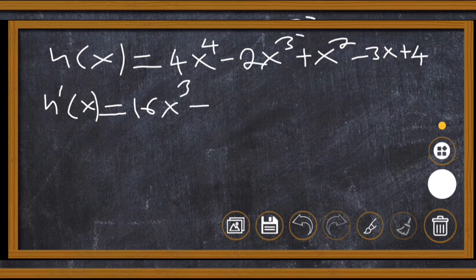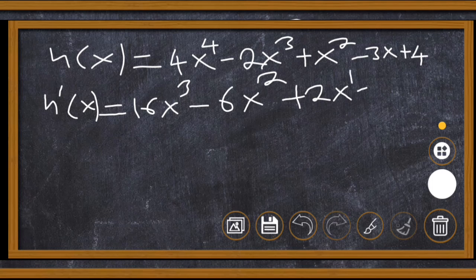Then minus this 3 multiplied by this 2 here, we're going to have 6. And then 3 minus 1, it's 2. Then plus, here we don't have any coefficient of x, so it simply means there is 1 here. So this power 2 multiplied by 1 is going to be 2x. And then this power 2 subtract 1, it's going to be 1 here.